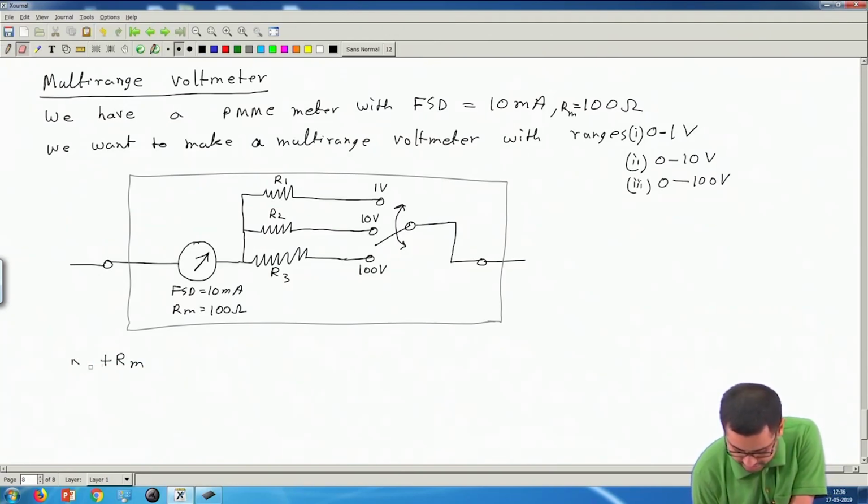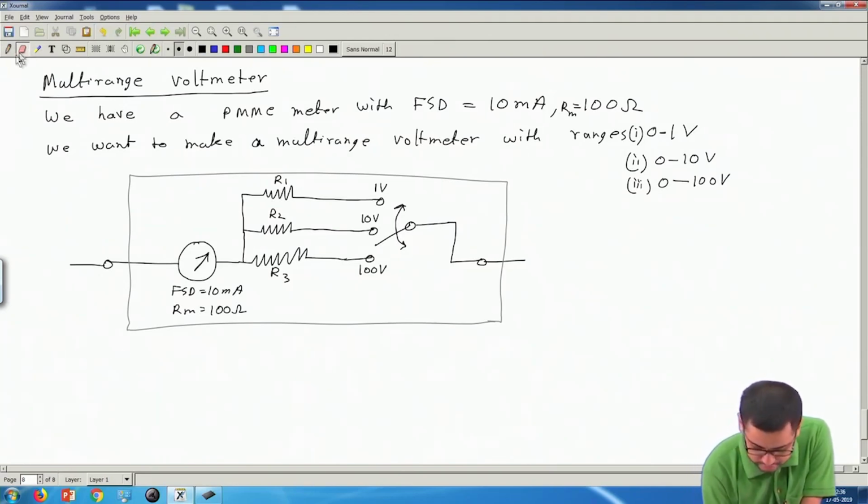Let me first call the switch positions P1, P2 and P3.